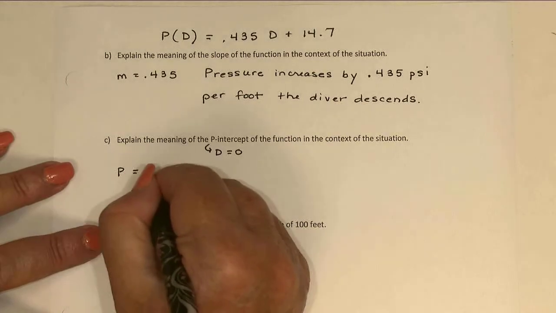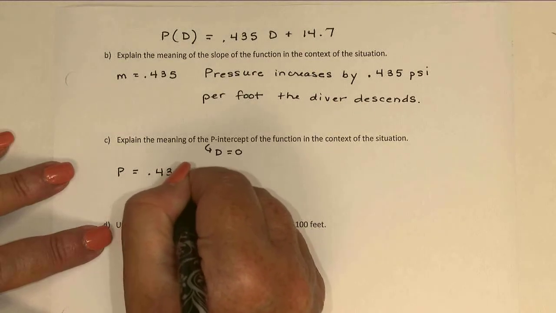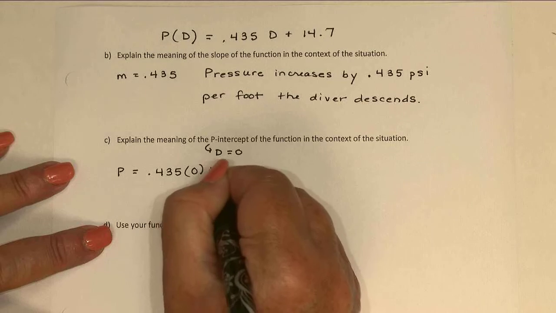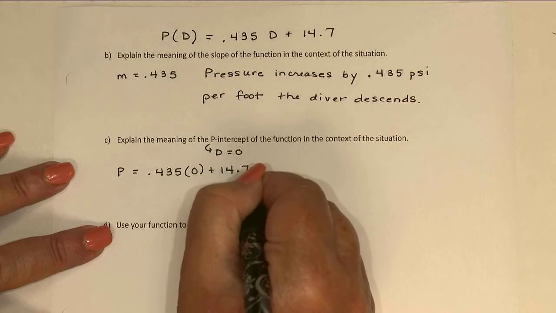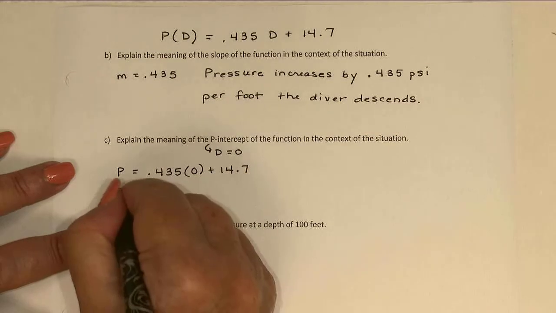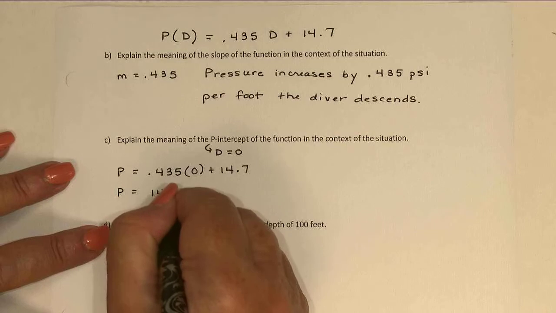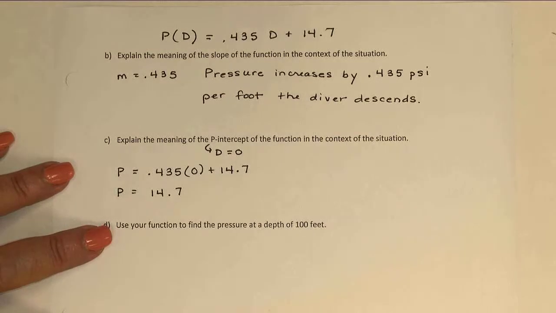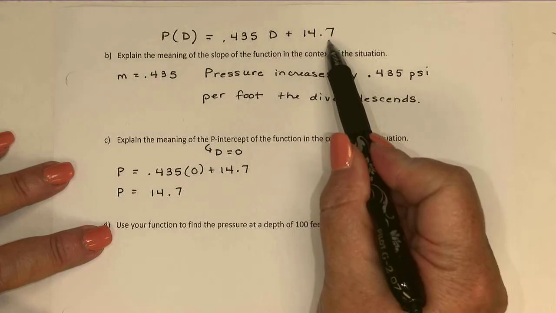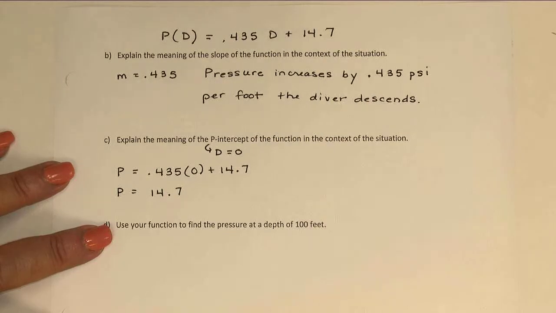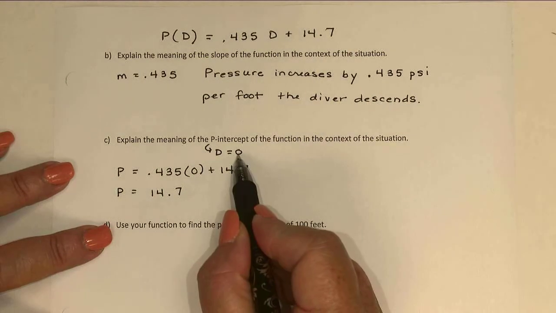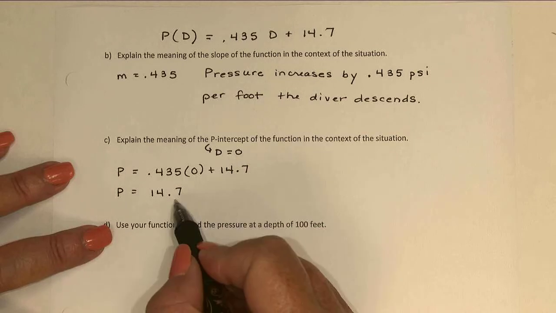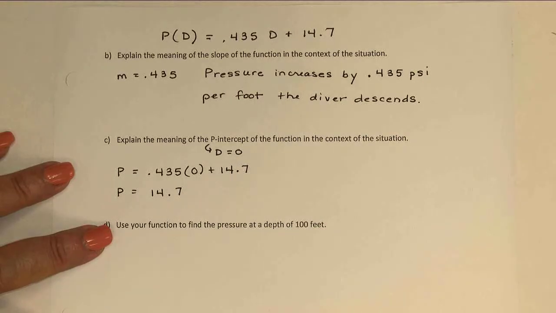So I actually could get it this way, by plugging 0 into my equation for d. And that gives me that 14.7 that I saw here as the y-intercept or P-intercept also. When depth is 0 feet, so at the surface of the water, pressure is 14.7 psi.